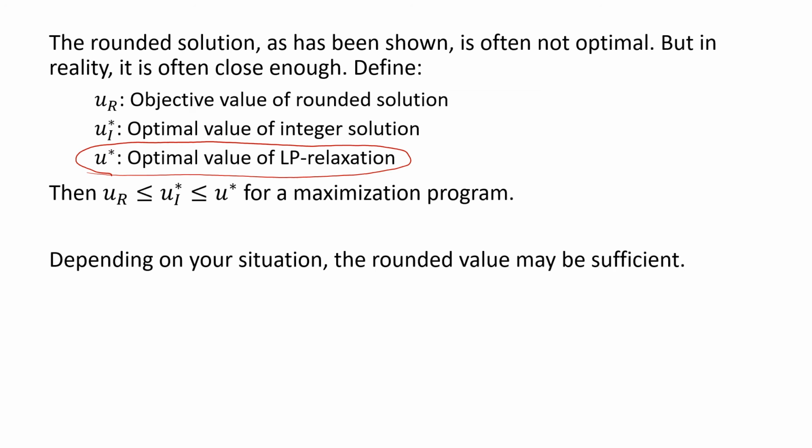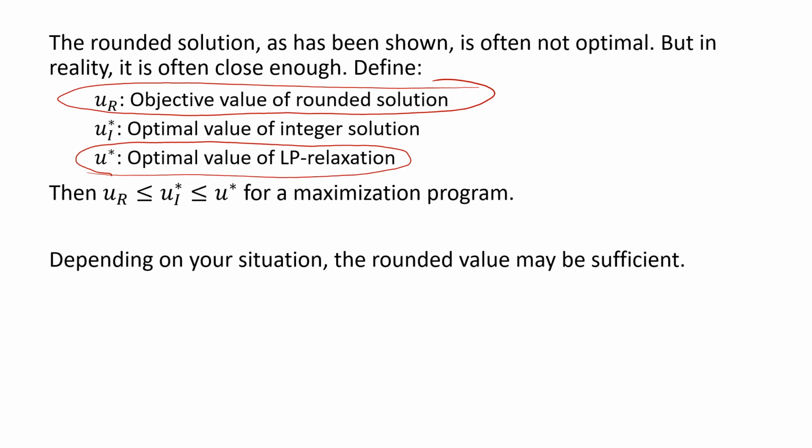That is the optimum solution for our LP relaxation. We can then round to get something new. We call that UR. So just take your solution, round all the variables, and calculate U. That gives you what's called UR. So it's the rounded solution.